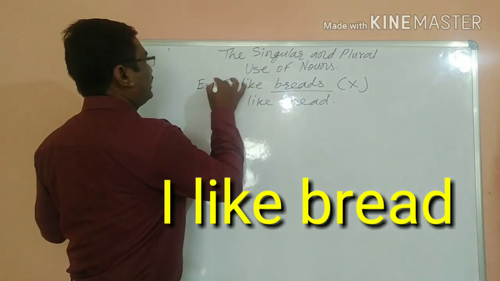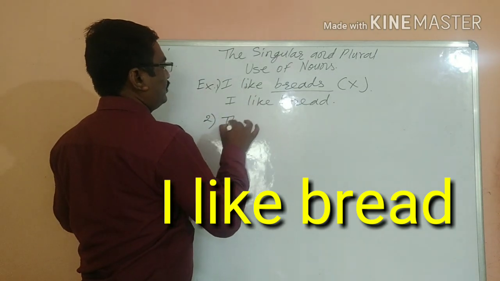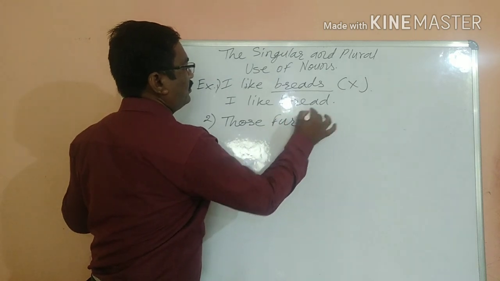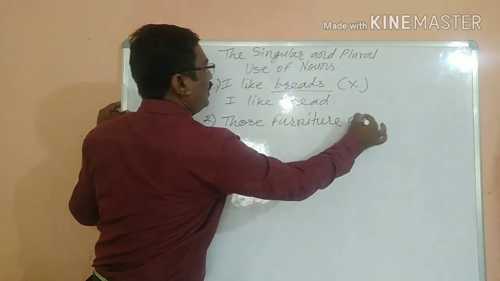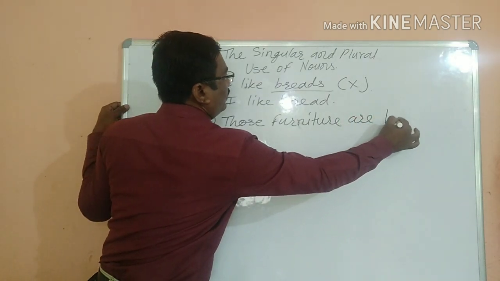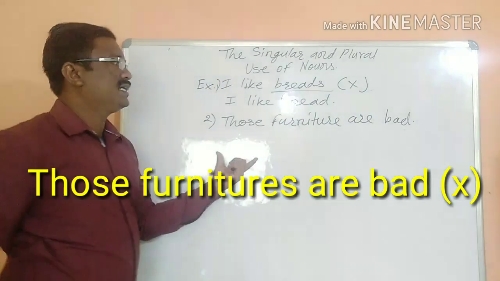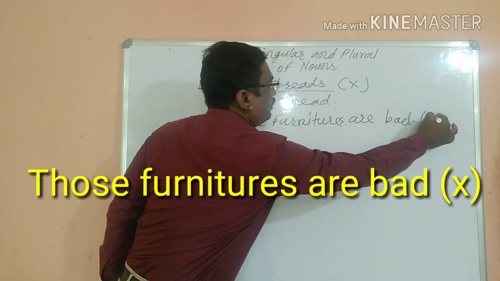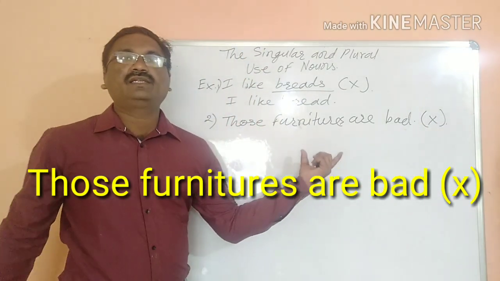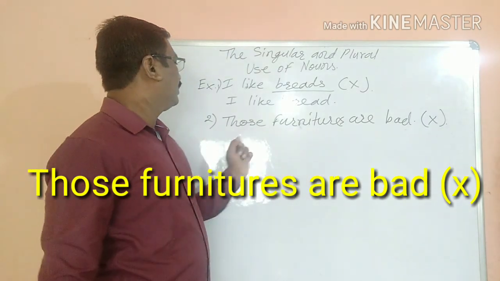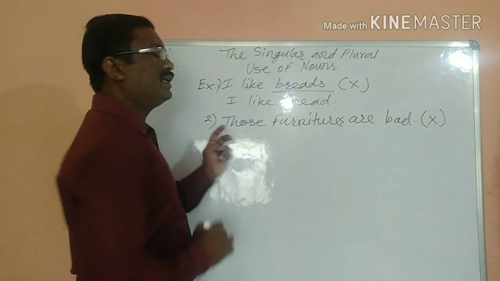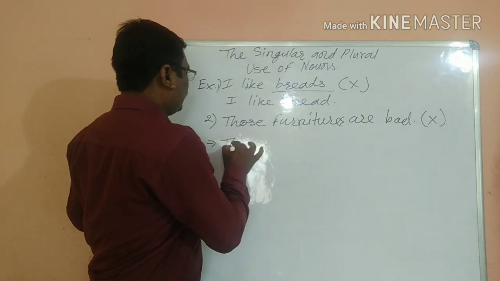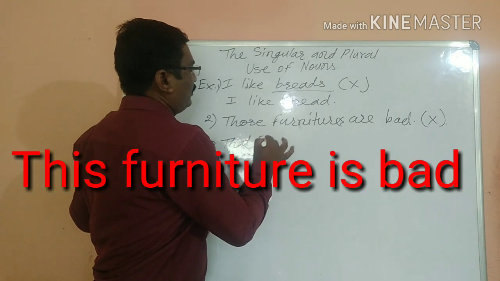Suppose we take another example. Those furnitures are bad. This statement is wrong. When we are using an uncountable noun, the determiner also needs to be singular, like that furniture.